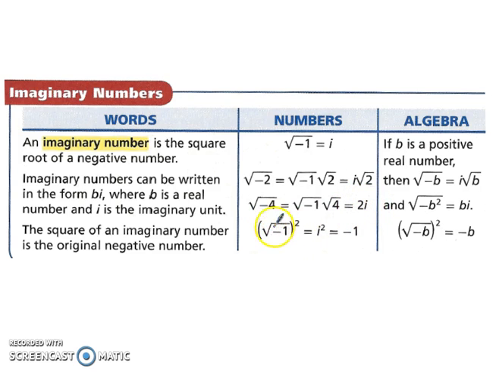Now, if you square the square root of -1, that's like saying i squared, because the square root of -1 is in fact i. Well, i squared ends up being -1. You can think of it as, what would happen if you said the square root of -1 times the square root of -1? It would just give you -1.